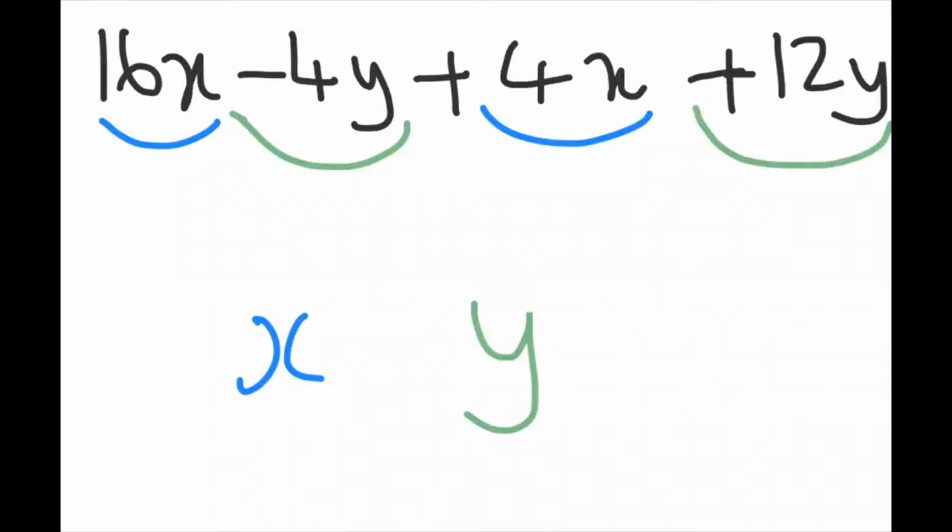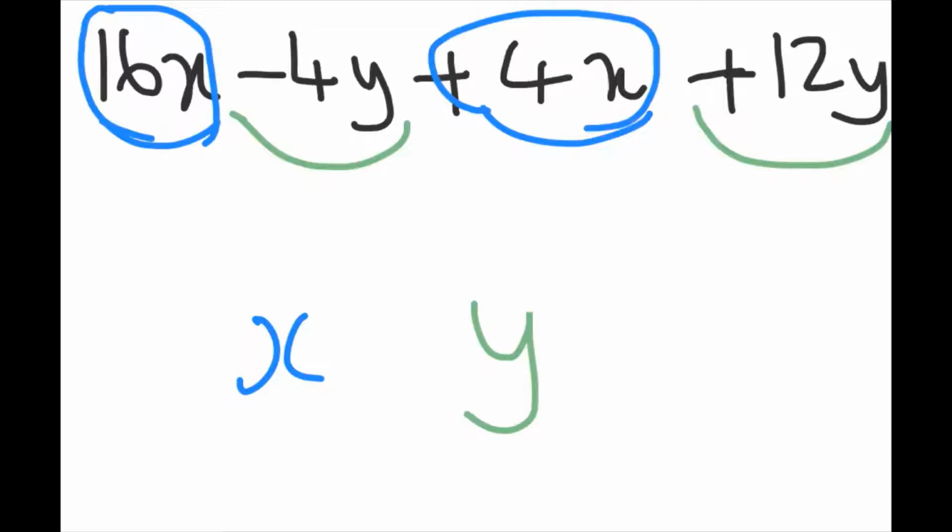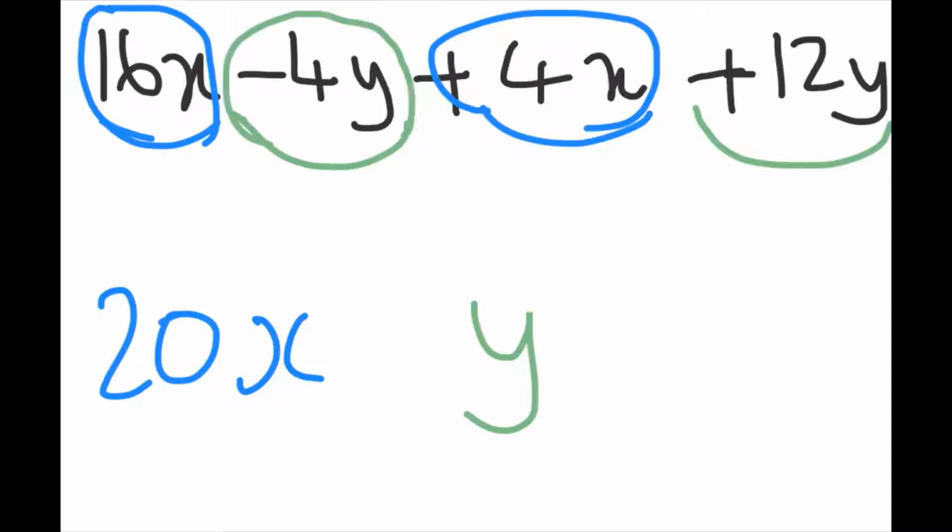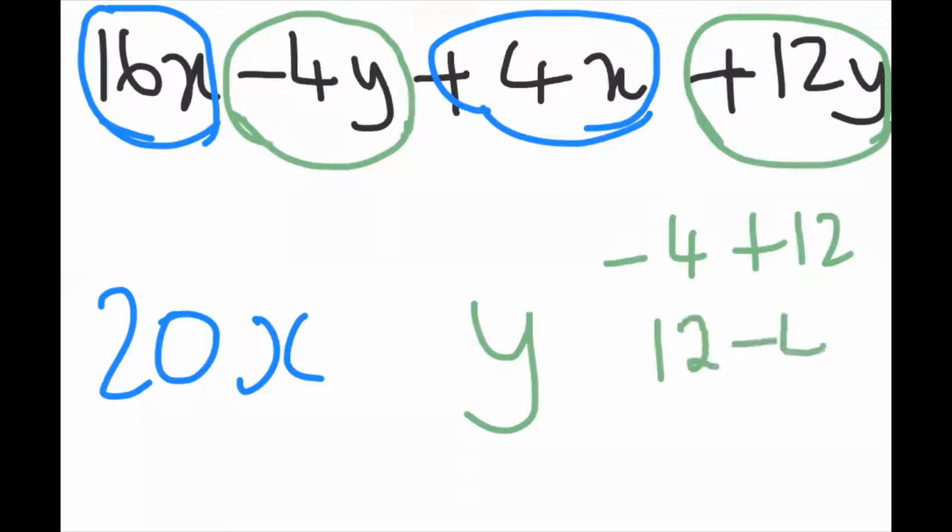So let's first do the x's. So I'm just going to do it once. Here we have 16x, and there we have 4x. So that answer is 20x. Then we have minus 4y plus 12y. You can either do it like this, minus 4 plus 12, or I like to just swap it around, put the positive first and then the minus.